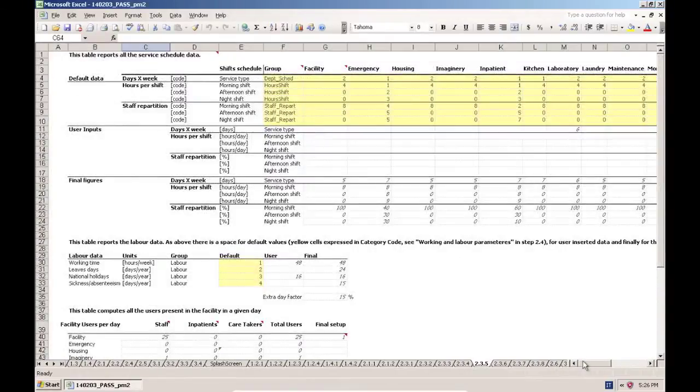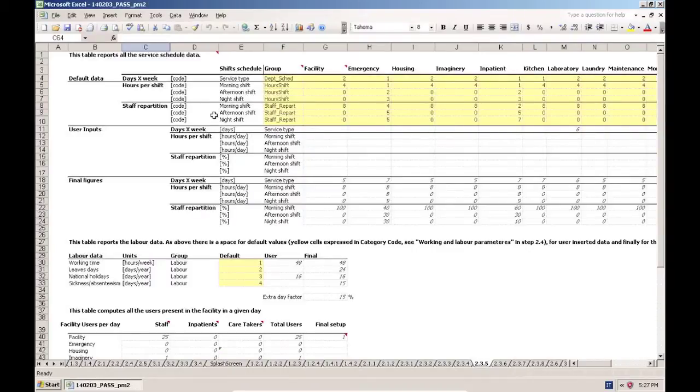parameter. In Pass, there is a sheet 235 where you have this big table where it's divided in three parts. You have the default data. It's reporting the code that correspond to the number of days per week that the specific department is supposed to run by default.